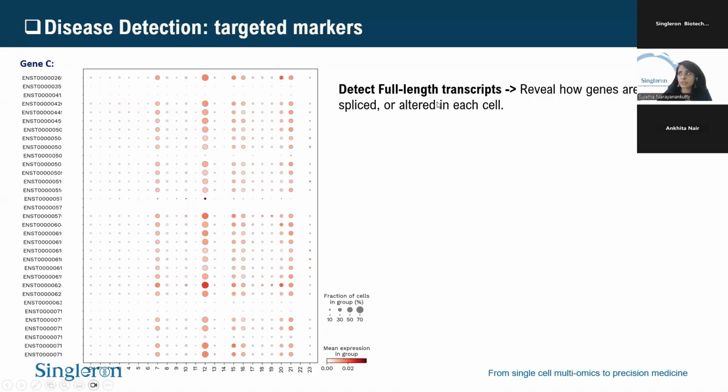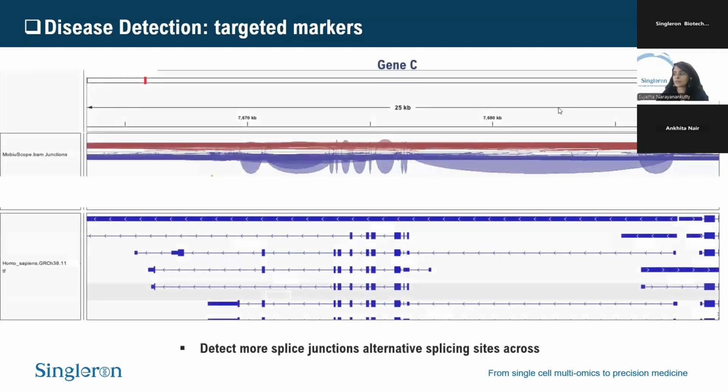And that gives you more information on how they are expressed. So what are the transcripts you're getting? How is the splicing? How is the alternate splicing? Where are the splice junctions? So just covering more of the transcript gives you more information on the markers that you are interested in for that particular disease. And that for sure will give you more information.